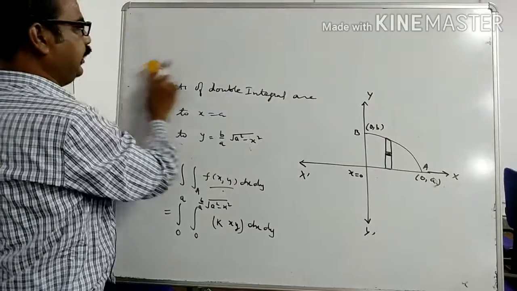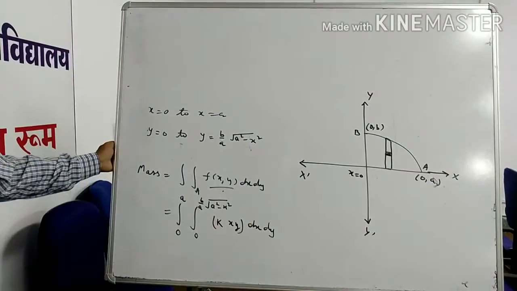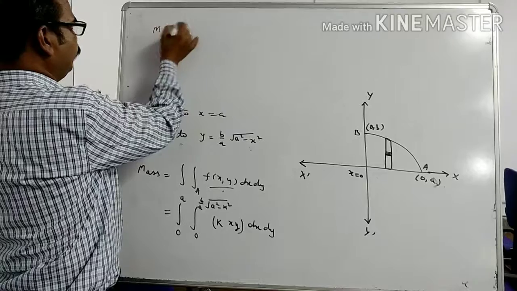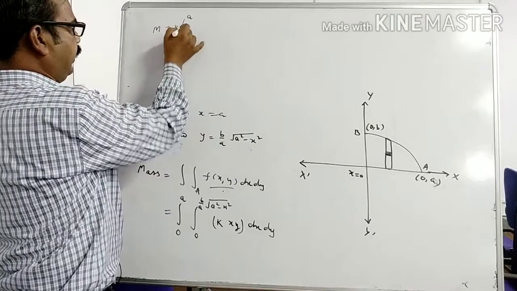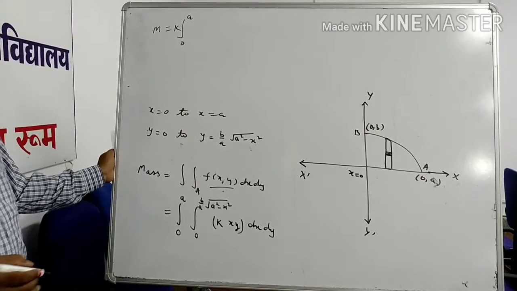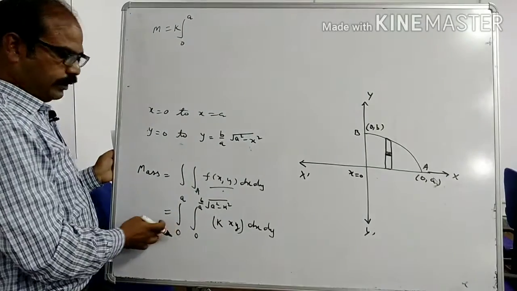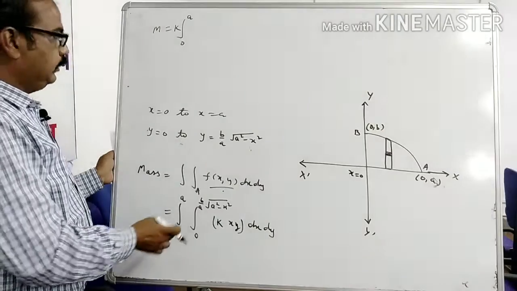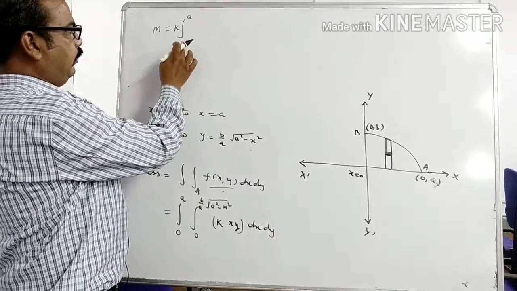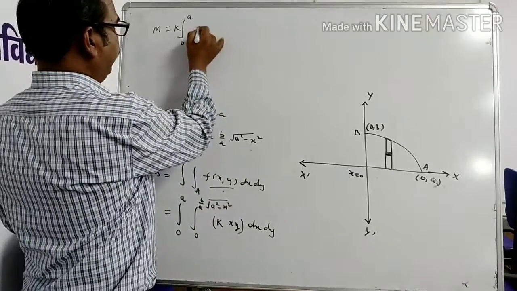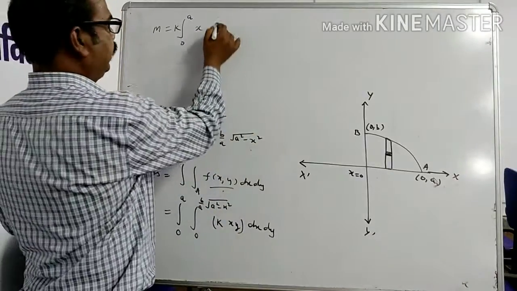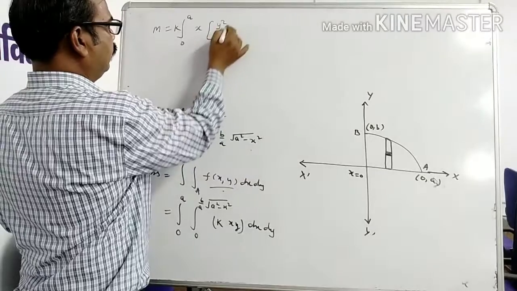Now we will solve this integral. So the mass m equals the integral from 0 to a. Here k is constant, so taking this constant out, it is k times the integral from 0 to a, and the integration of y is y square by 2.